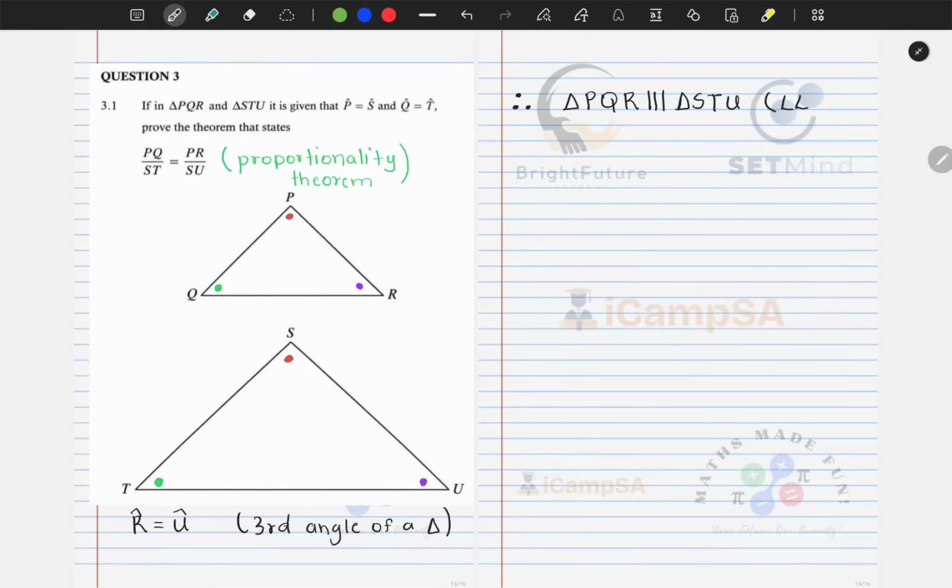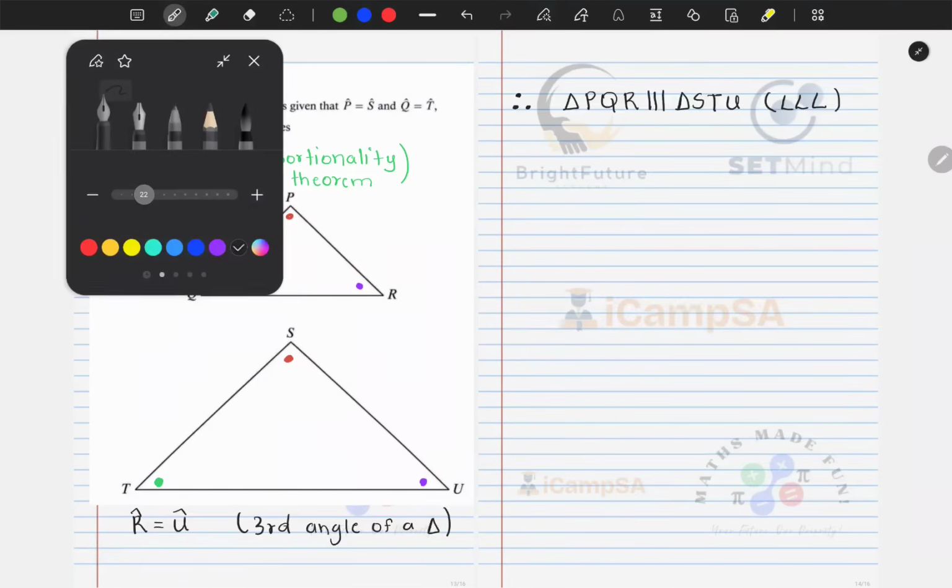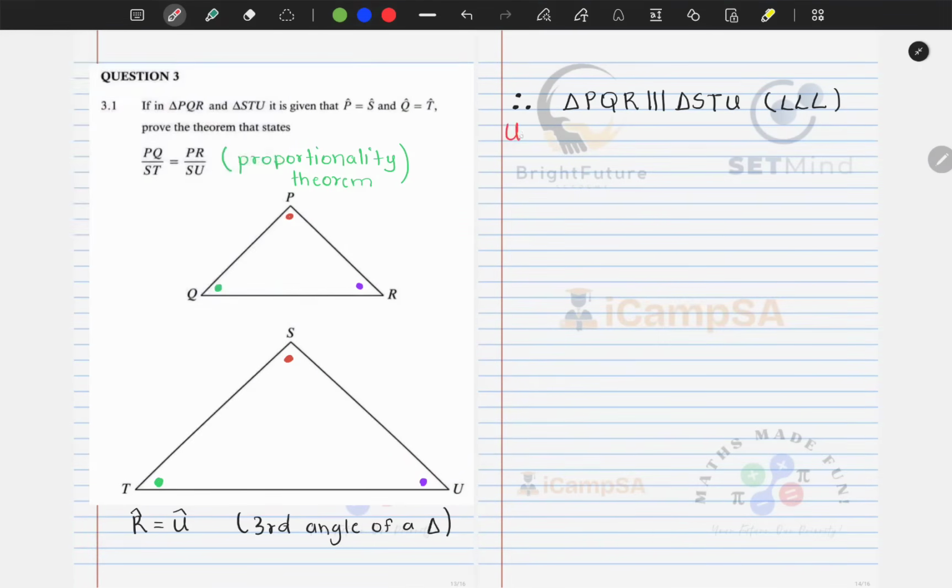And the reason will be angle, angle, angle. We found our three angles to be equal. Now we need to prove that we can divide those sides in proportion. And for us to prove that, I'm going to use the area rule.